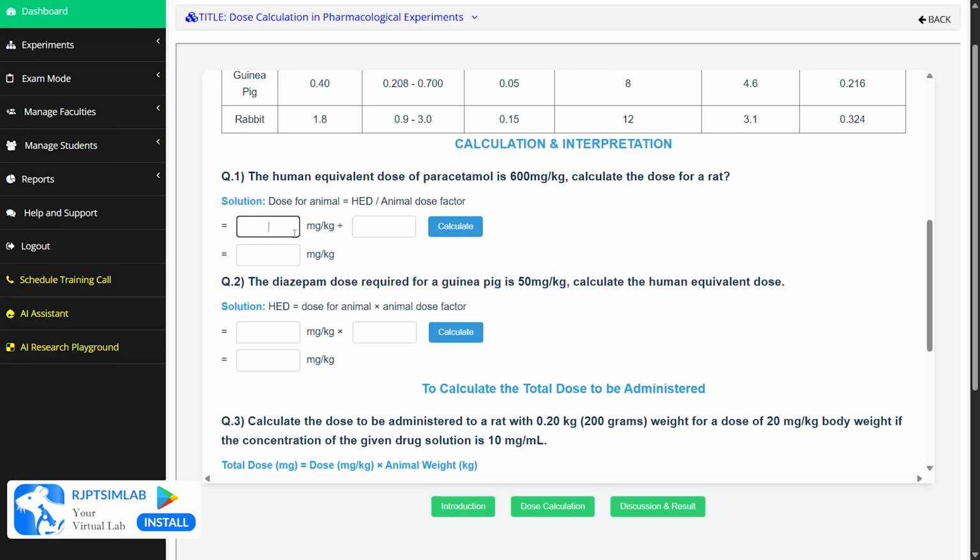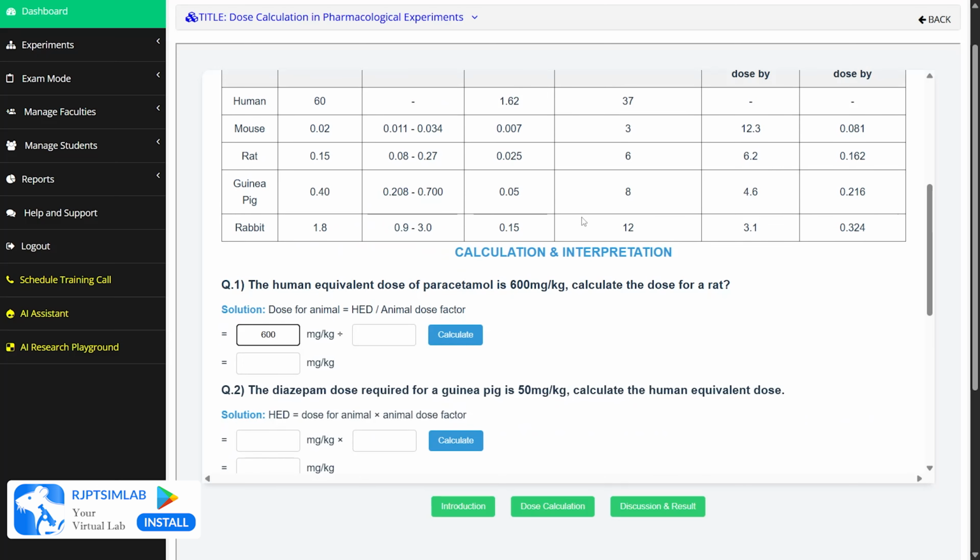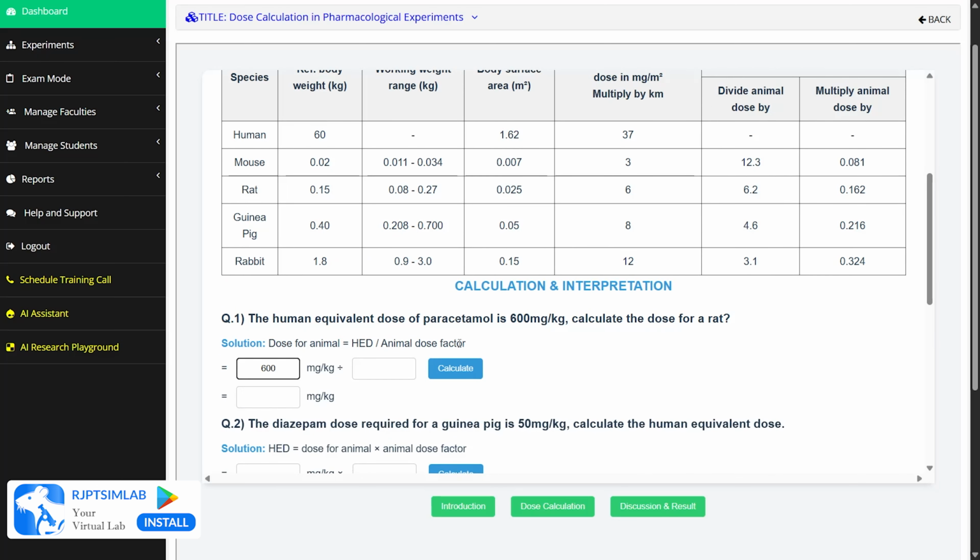So we put the value 600 milligram per kilogram, and then divide it by the animal dose factor. As we can see in the table, the animal dose factor for the rat is 6.2. So we put the value 6.2 here and calculate it.